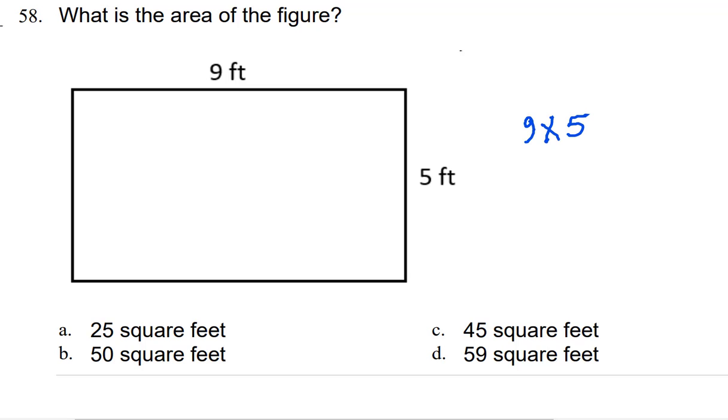Teacher, the answer for number 57. Yes, 9 multiplied by 5 is 45. I want to ask you a question. Is this 45 an exact area or an estimate?